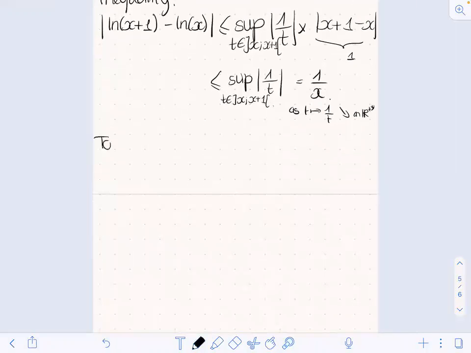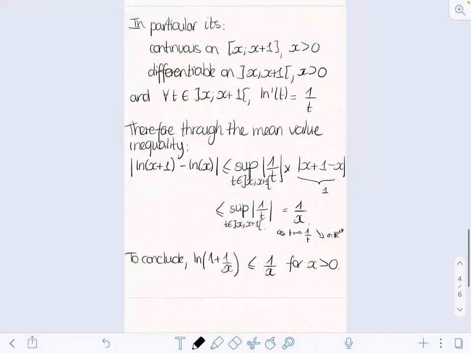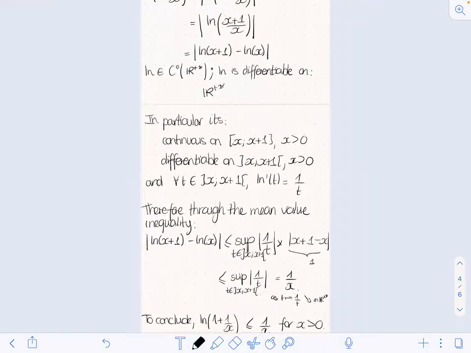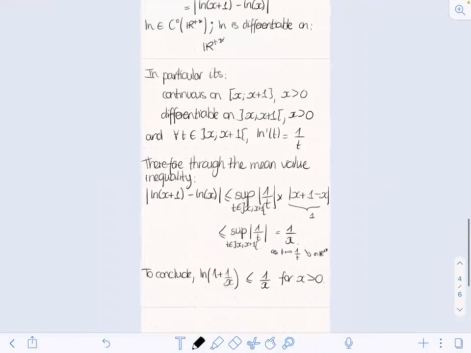So to conclude, logarithm of 1 plus 1 over x is smaller than 1 over x for x strictly positive. That's an application of the mean value inequality, and we'll do a specific exercise on the mean value inequality a little bit later on, and we'll use it similarly to this again and show some other nice bounds on different functions.